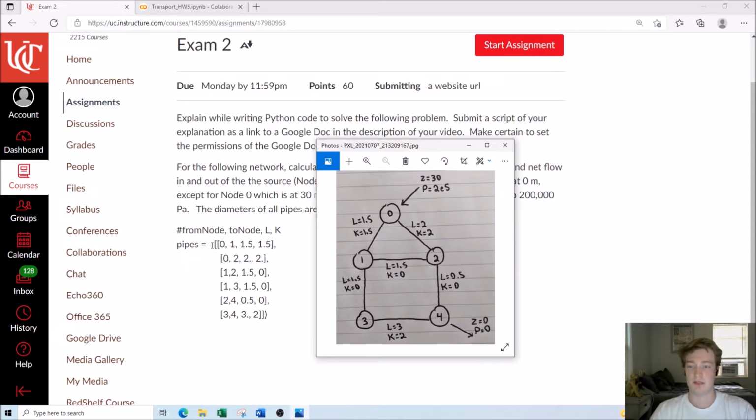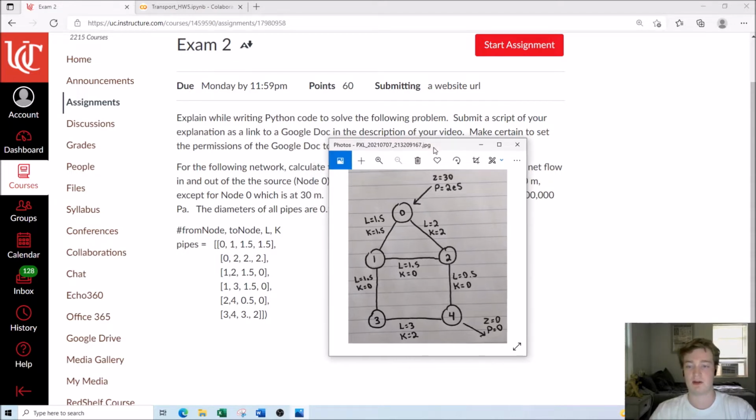So for example, this first row, the from node is node 0 and the to node is node 1. That's shown here from 0 to 1, and then we're given an L value and a K value right there. And I did that for all of these pipes, and this is just giving us a better understanding of what the question looks like so we can better figure out how to solve it.